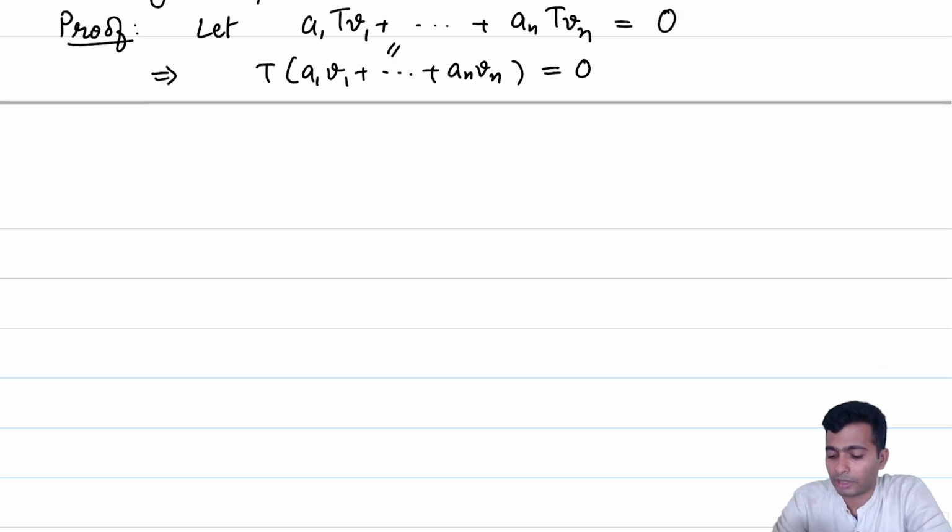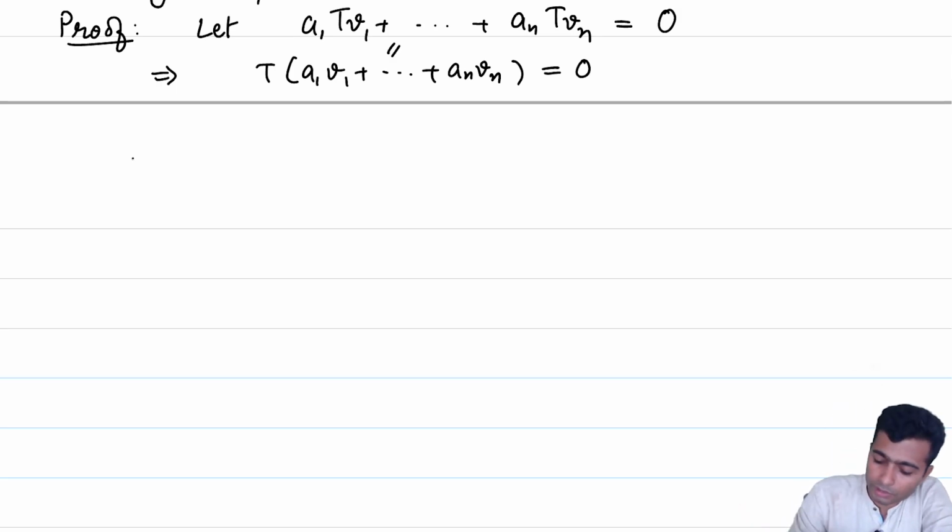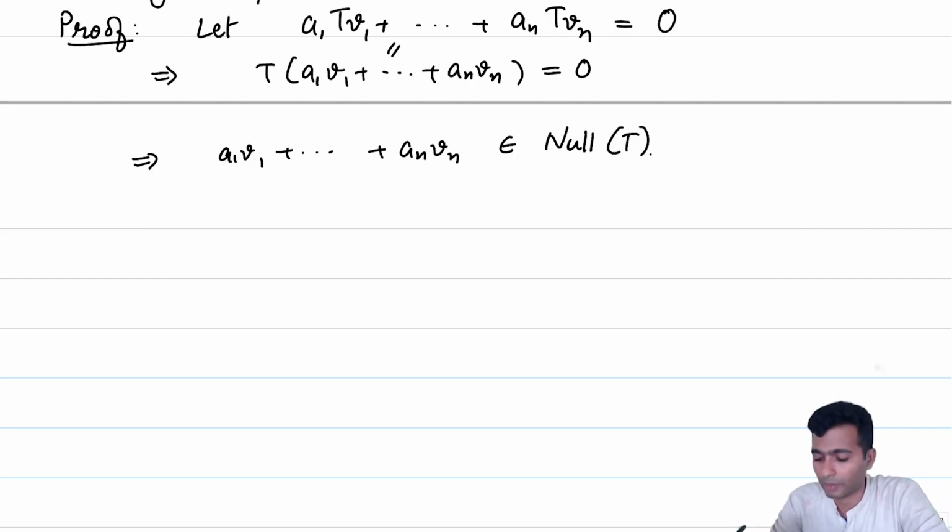It means that the vector is an element of the null space of T. So this implies a1v1 plus ... plus anvn belongs to the null space of T.